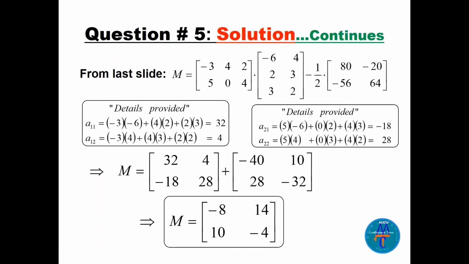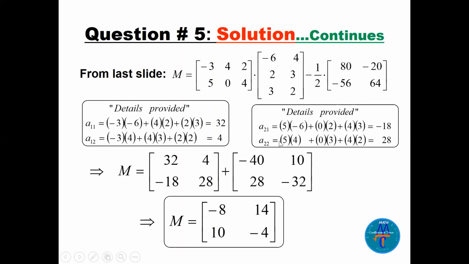Oh, I put here all the details for you. This is 2 rows here, 2 by 3, 3 by 2. So I will get in XY 32, 4, minus 18, 28. I put here all the numbers. See A11, A12, A21, A22.